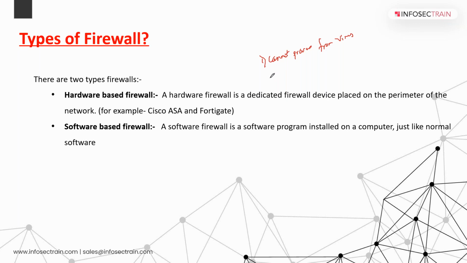If a social engineering attack happens, a firewall will never prevent you from that either. If a user ID and password have been leaked, or a password is misused, a firewall is not going to prevent that as well.